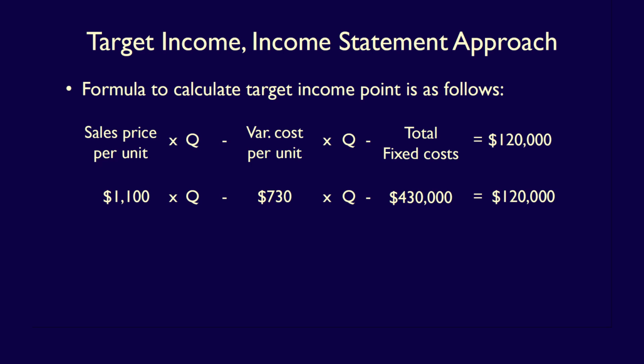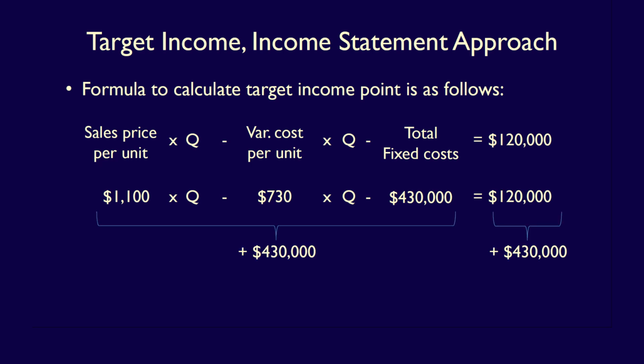Let's solve the equation. Let's start by adding $430,000 to both sides of the equation, which will result in 1,100Q minus 730Q minus $430,000 plus $430,000 is equal to $120,000 plus $430,000.